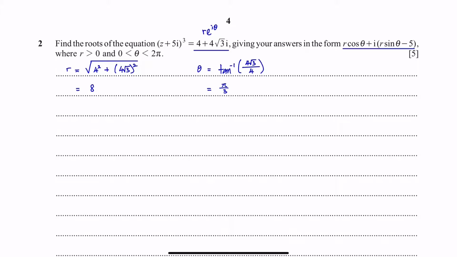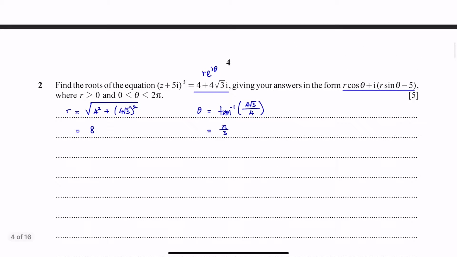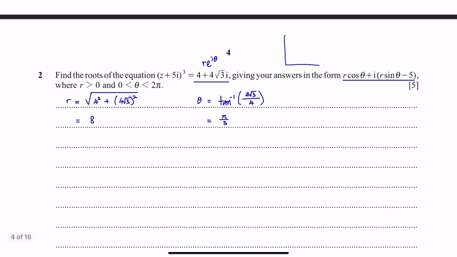And why is it pi over 3 but not 2 pi over 3 or 4 pi over 3 or even 5 pi over 3? We can draw this out. This is the imaginary axis and this is the real axis. And 4 plus 4 root 3 i is around here.